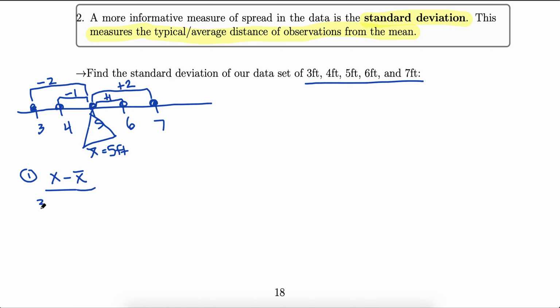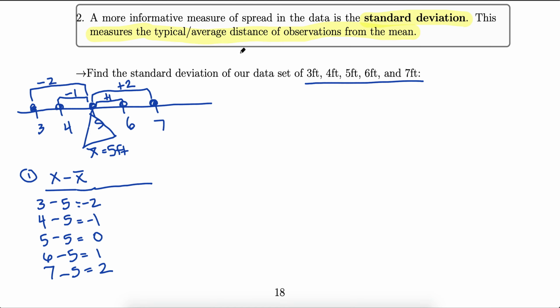So I've got the data points 3, 4, 5, 6, and 7, and the mean is 5, so I'm subtracting to find the distance of each data point to the mean. And we saw earlier that gave us 2 below, 1 below, 5 is the mean itself so that distance is 0, 1 above, and 2 above.